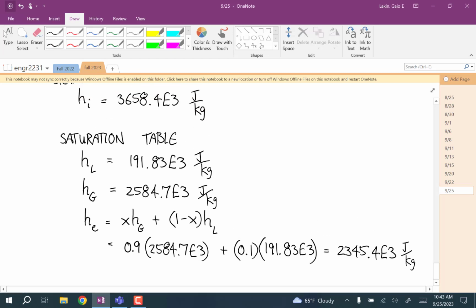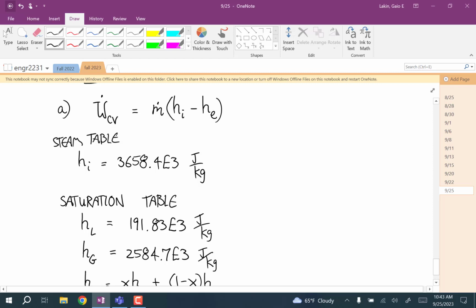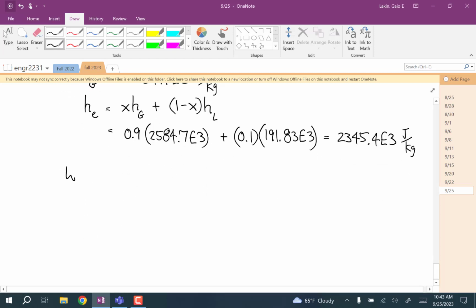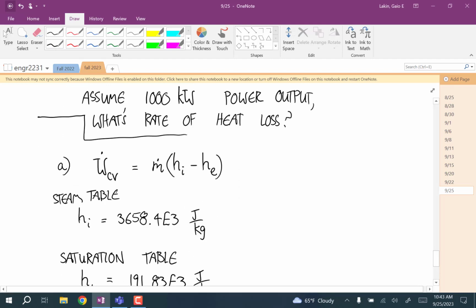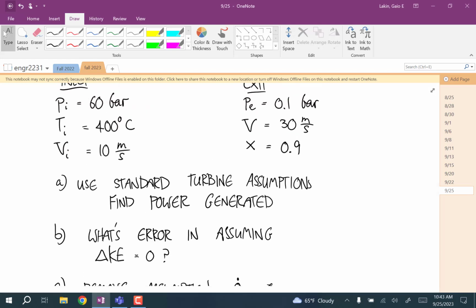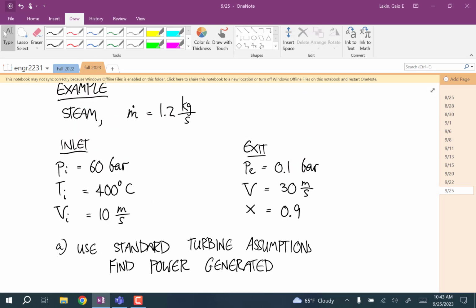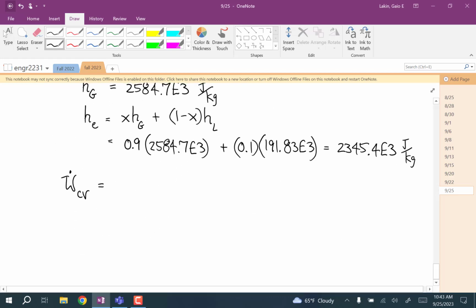So now that we have the two enthalpies, we can go to this simplified equation, and we have that work dot for the control volume is equal to the mass flow rate, which we were told in this problem is 1.2 kilograms per second. Again, notice I'm putting everything in SI units for this.